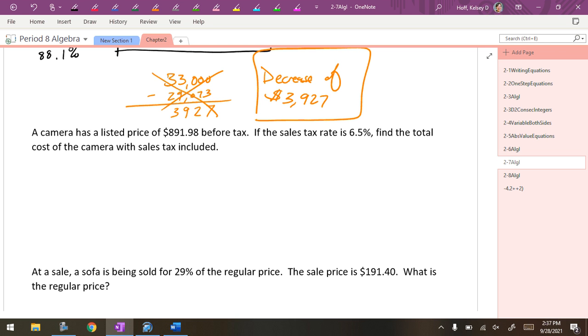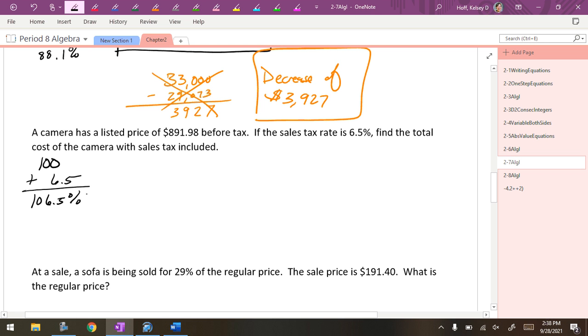So if we just paid the original price of this camera, that would be 100%. But our tax makes our price go up. So we need to add 6.5% to that. So we're actually going to pay 106.5%.